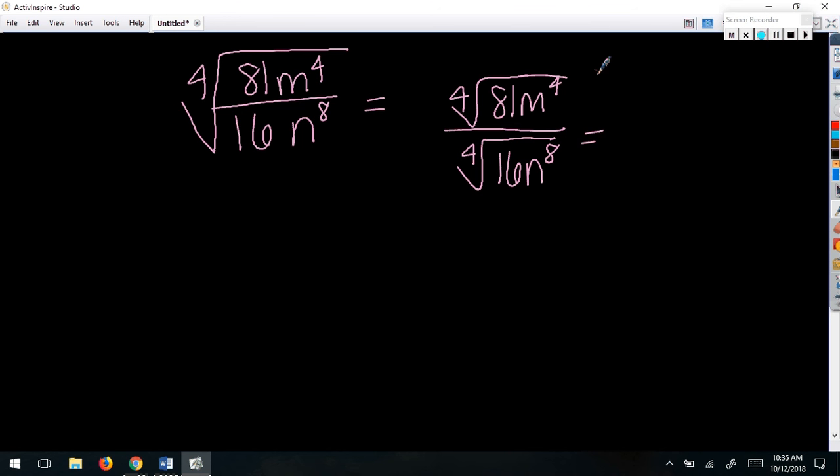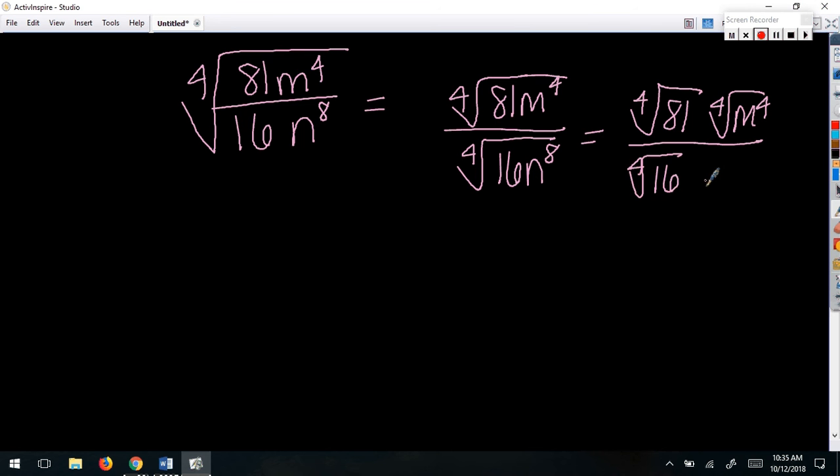And I'm going to go ahead and split this up in the top also. So I have 81 m to the 4th, and I have 16, and I have n to the 8th. So looking at this one, I'm going to skip down here a little bit so I have a little more room.